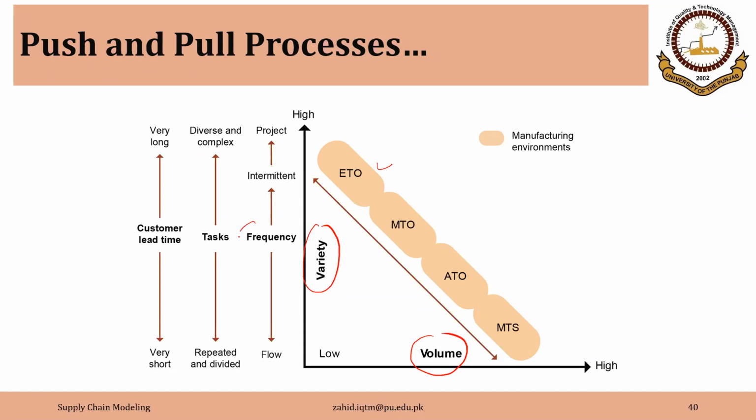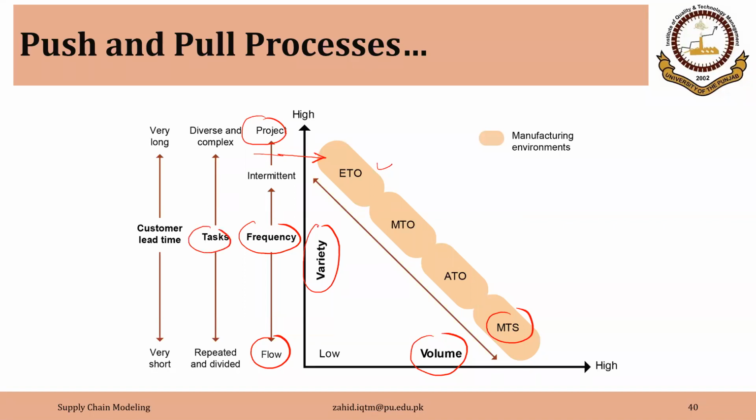So in engineer to order, the type of processes are very similar to project. And as we move down up to make to stock, the processes are very similar to mass or continuous processes. So I hope you can link the concepts now.